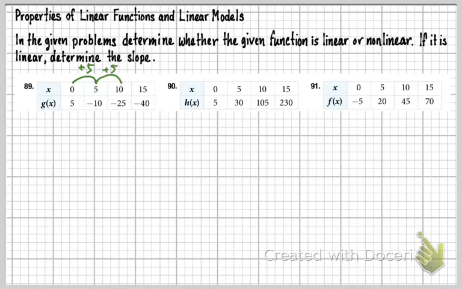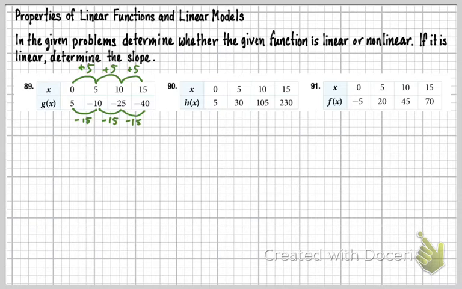Now, when we have a function that's linear, that value will be constant as I continue, or when I reduce it, it should be the same value. So here it's going to be a plus 5. And when I look at the g(x) values here, this distance is negative 15. This distance is negative 15. And this distance is negative 15.